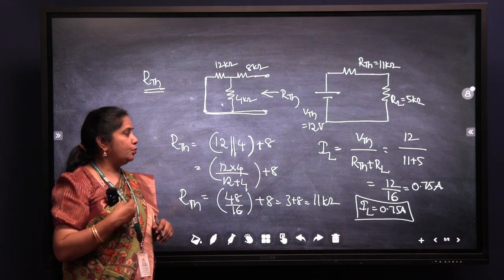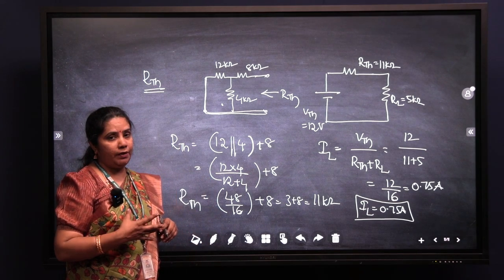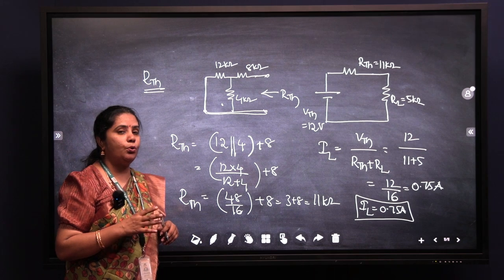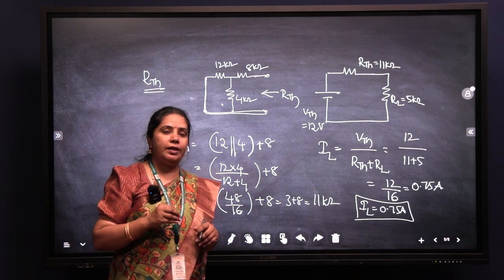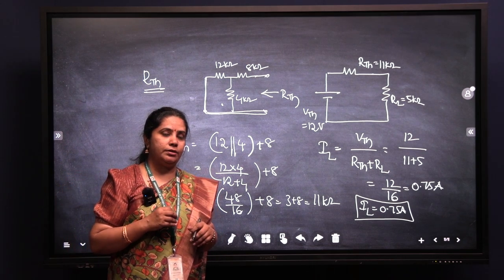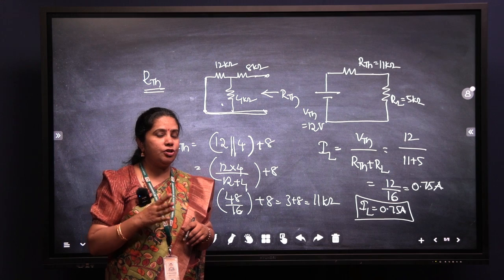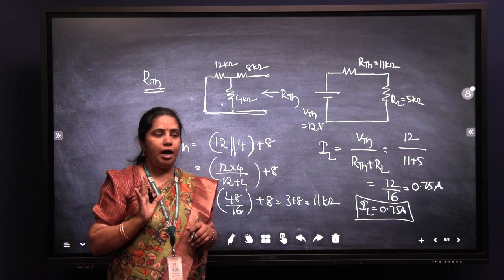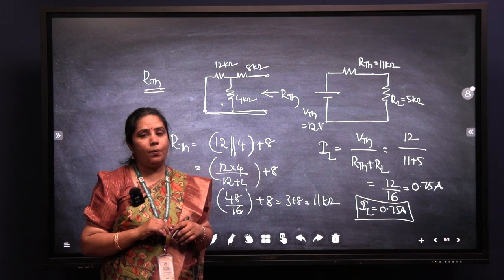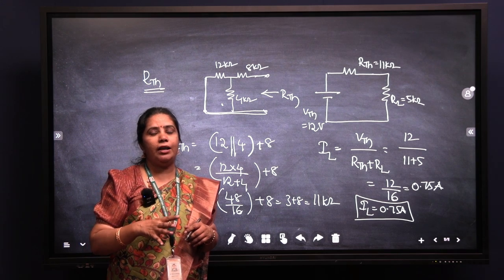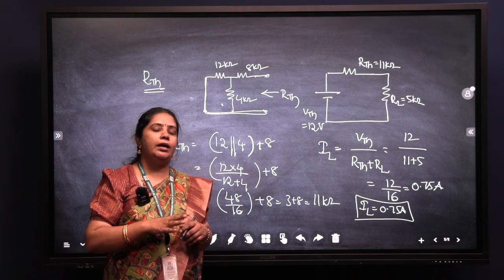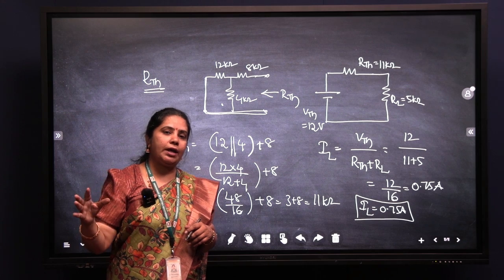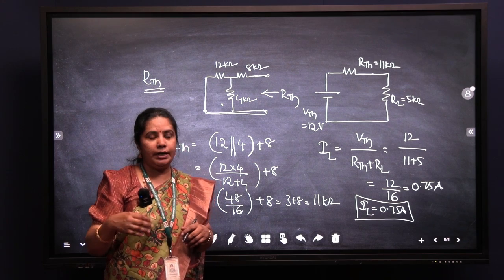Just by doing so many problems in this way, you can get a clear idea about how to apply Thevenin's theorem, which is very, very useful in circuit analysis. So what are the limitations? This is only suitable for linear circuits, and the power value in Thevenin's theorem is not equal to the power calculation in the real circuits.